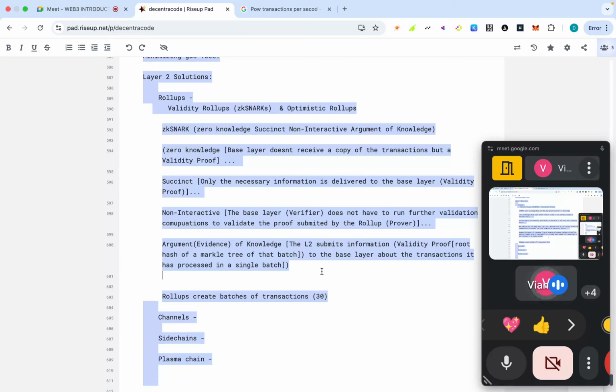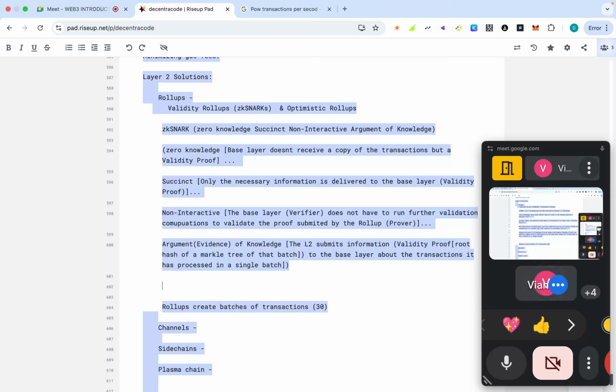Now, what these rollups do is that they save the transaction data in maybe a central storage unit within the blockchain itself, but that is independent of the base layer. Or they could use an existing decentralized data storage service like maybe IPFS or Arweave.